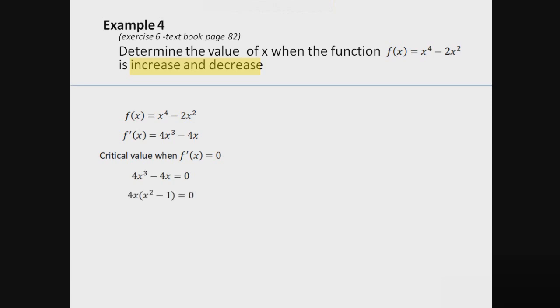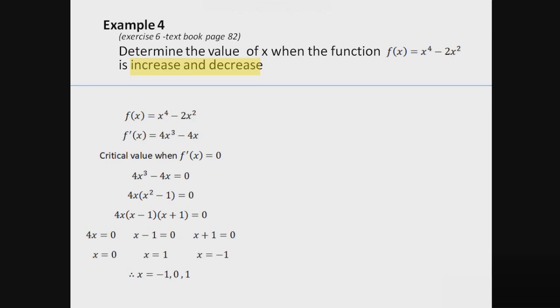Factor out 4x, we will get 4x in bracket x squared minus 1 is equal to 0. Then we factorize again, we will get 4x in bracket x minus 1 in bracket x plus 1 is equal to 0. So here, basically we have three critical values. So we get x is equal to negative 1, 0, and 1.